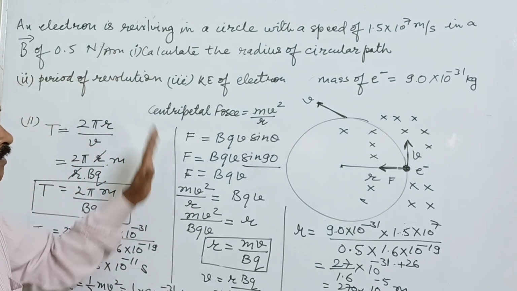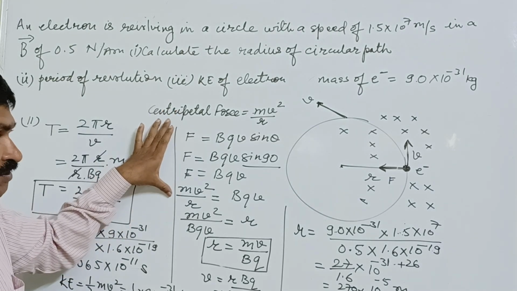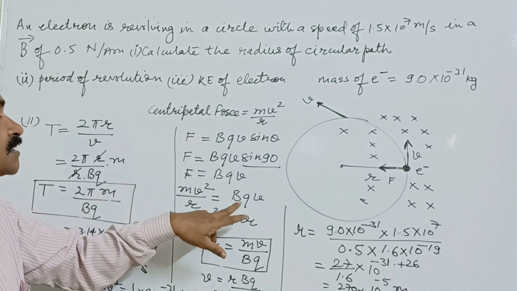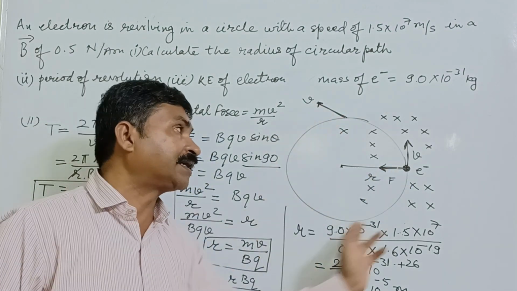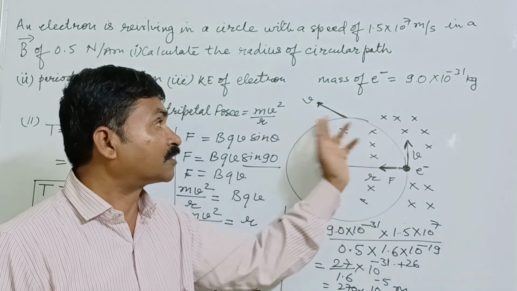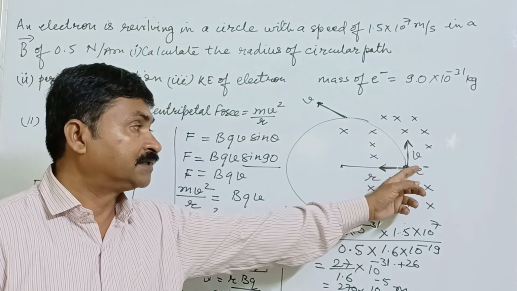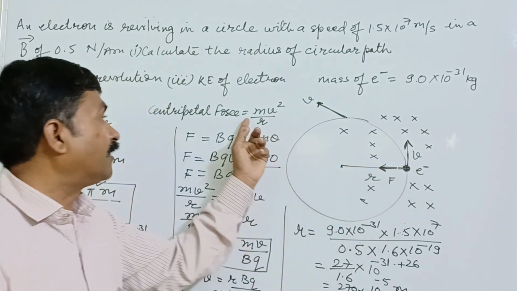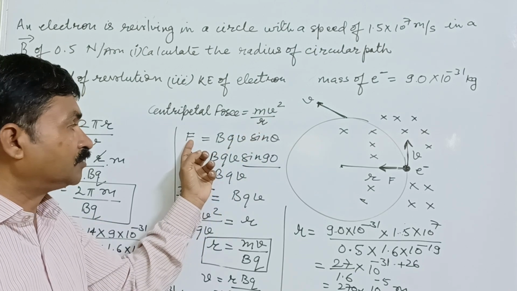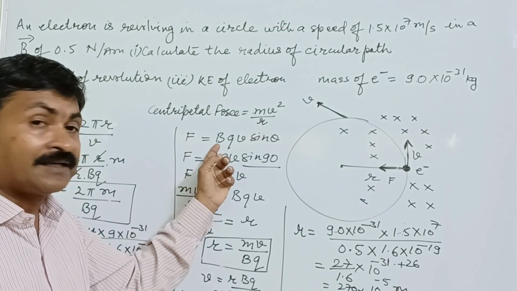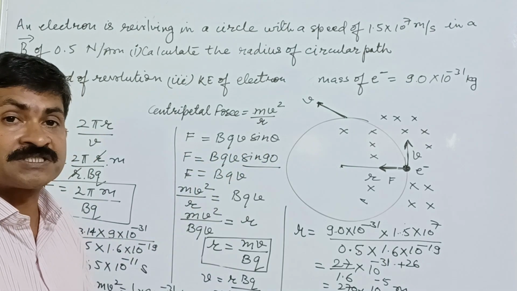So in this numerical we have gone through the relation for the centripetal force and the force which is acting on it. When the charge is moving in a circular path, with a speed which is given to us, if we take it as v, mv square upon r, ये centripetal force होगा और जो force act होगा because of the magnetic field and the movement of charge, वो क्या होगा आपका F is equal to qvB sin theta.